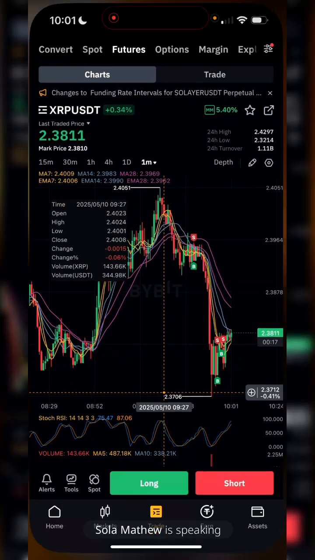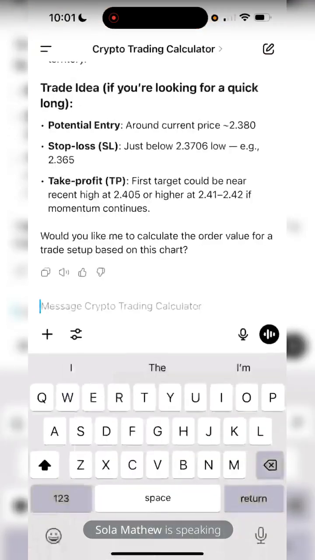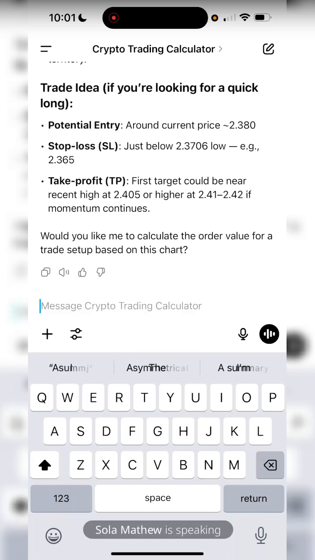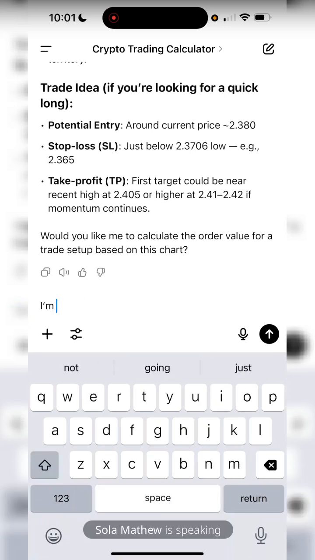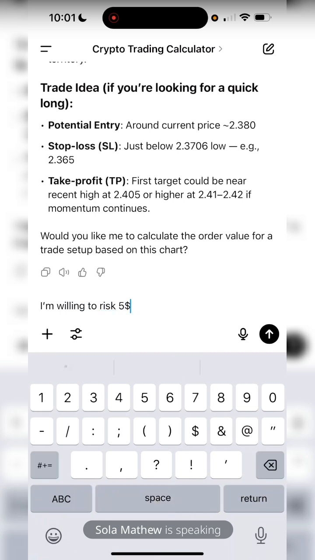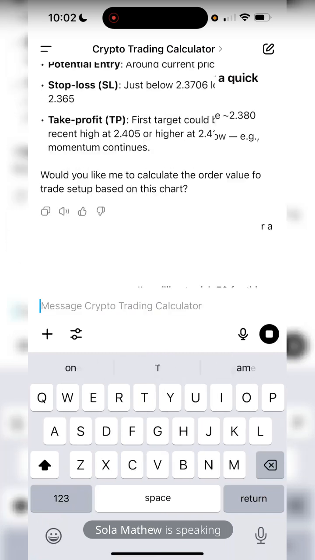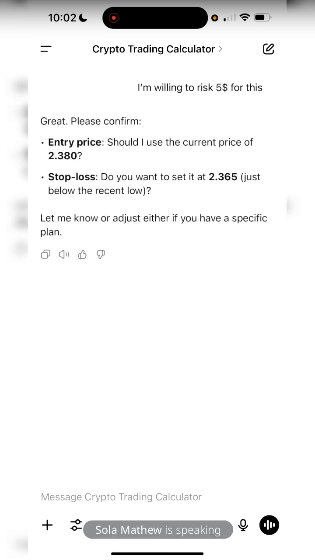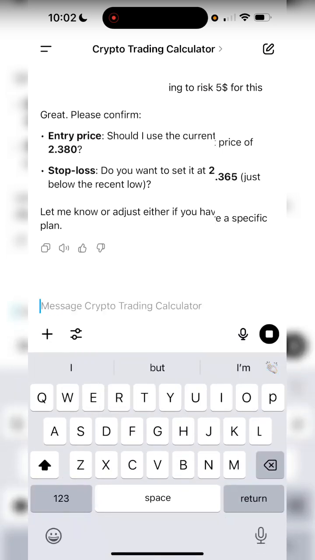So with this, I can now say, okay, assuming I'm willing to risk $5 for this. Can you see? Let's see, it will now give me the setup. Can you see? Entry point. Should I use the current price as entry point? I say yes.